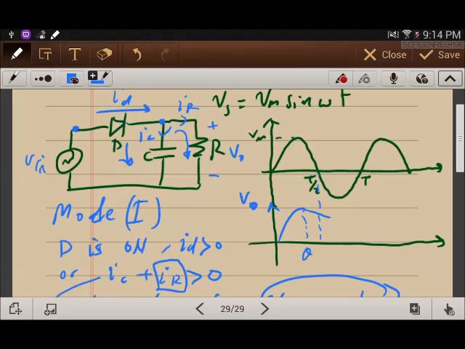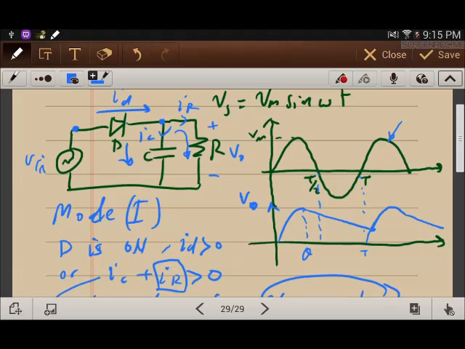So the voltage will go down until the next cycle, where the voltage of the source, this voltage, is greater than the voltage across the capacitor. Then the diode will turn on again, and then it will repeat with the frequency of the supply.